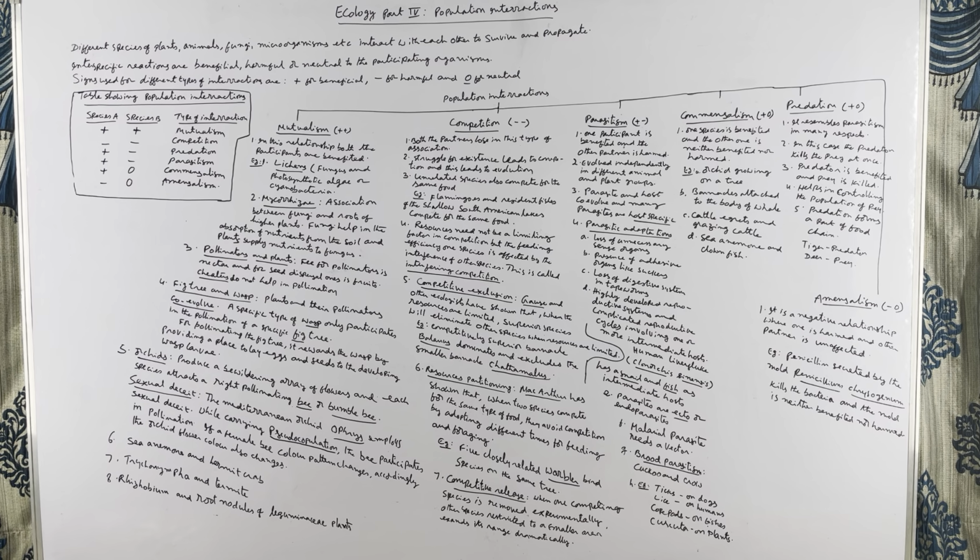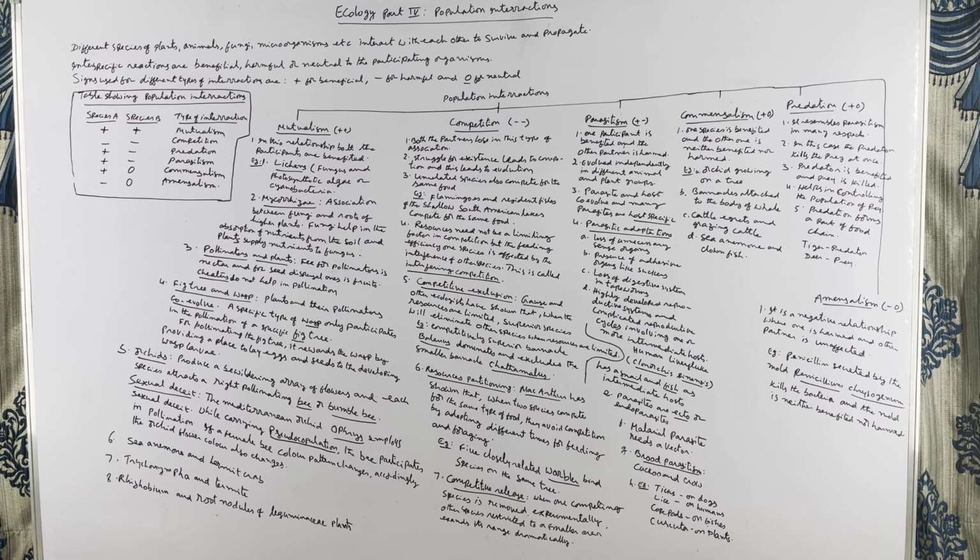Then Trichonympha and termites. It's a very important relationship. Termites are insects, but their food consists of cellulose. But the termites cannot synthesize the enzyme cellulase to digest cellulose. So, in their digestive system, they have a flagellate protozoan known as Trichonympha.